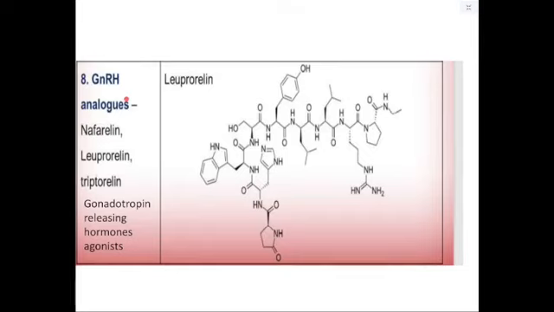These processes are controlled by the negative feedback mechanism. So when you have analogs that have similar activity to the naturally occurring compound, that means they block the synthesis of the naturally occurring compound and usually stop that organ from functioning.